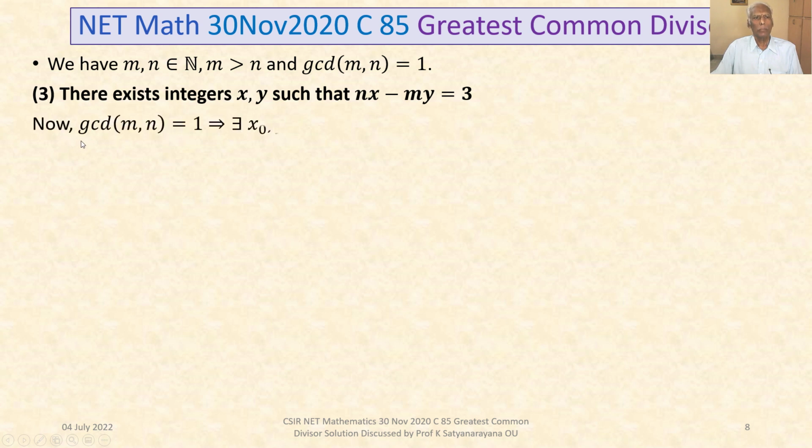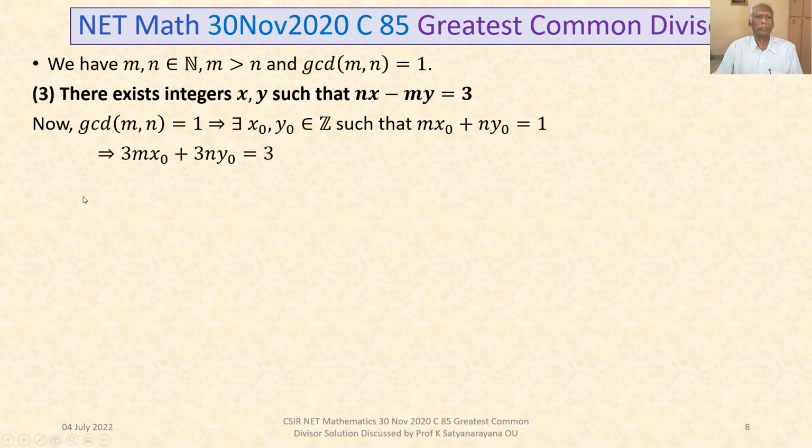Now, we have the GCD of m comma n is 1. Then we know that there exist integers x naught, y naught such that m x naught plus n y naught is equal to 1. Multiply throughout by 3. That will imply 3 times m x naught plus 3 times n y naught is equal to 3.